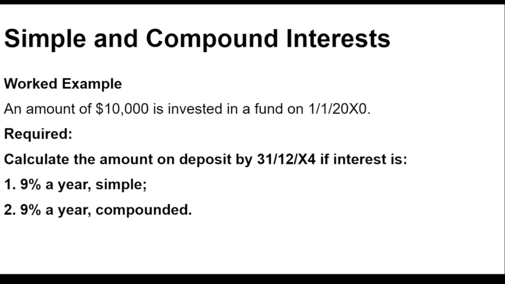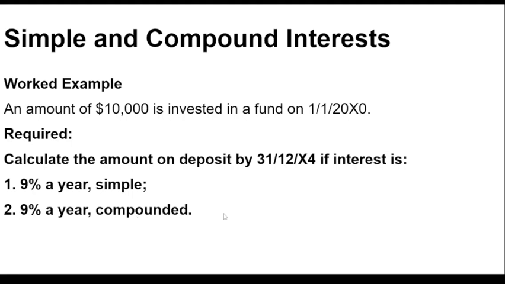So let's continue. We have a worked example here. An amount of $10,000 is invested in a fund on 1st January 20x0. Required: calculate the amount on deposit by 31st December 20x4 if interest is, 1, 9% a year simple, and 2, 9% a year compounded.